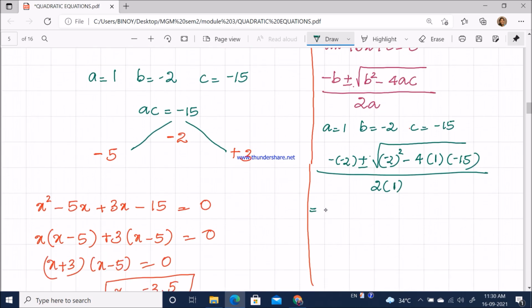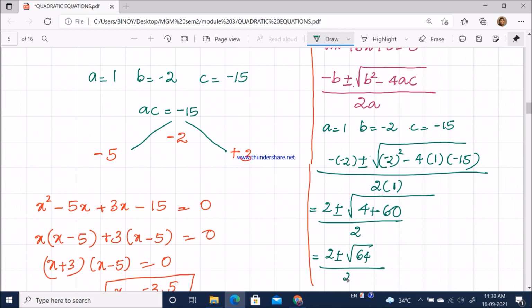So minus of minus 2 is 2, plus or minus root of 4 plus 16 by 2. So it is 2 plus or minus root of 64 by 2.